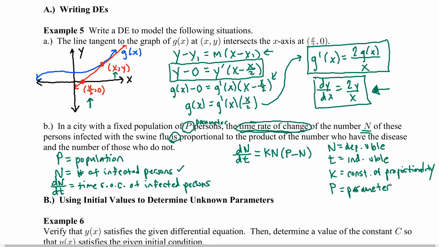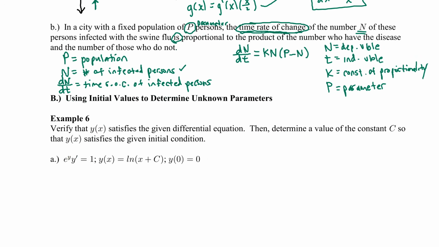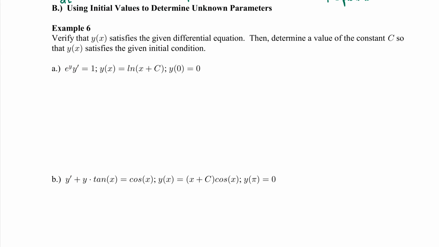But once we had some statistics about that community, K and P would actually be numbers. So we call those parameters, not variables. The way that we find those parameters is often from initial conditions. So we're going to look at solving an initial value problem. Example B, or part B, use initial values to determine unknown parameters. Initial means what happens at the beginning of the experiment, or at time 0.